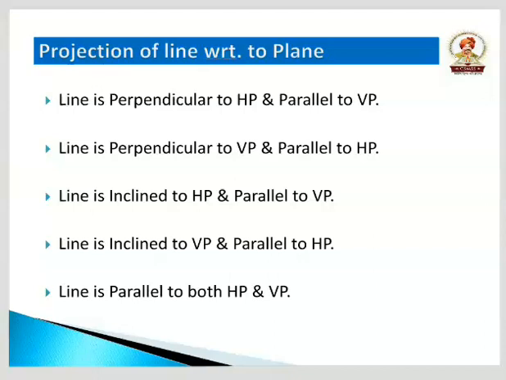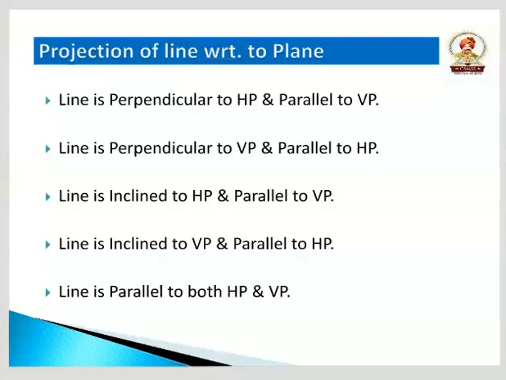Now we are going to discuss various cases of projection of line with respect to plane. First, line is perpendicular to HP and parallel to VP. Second, line is perpendicular to VP and parallel to HP.